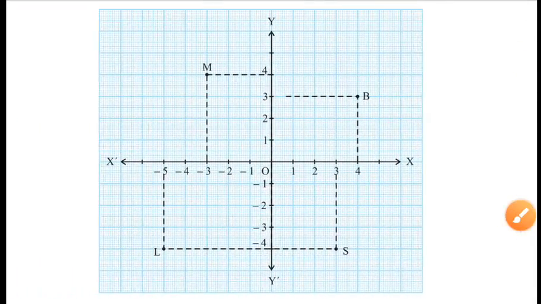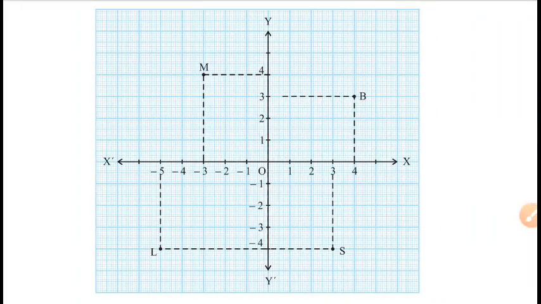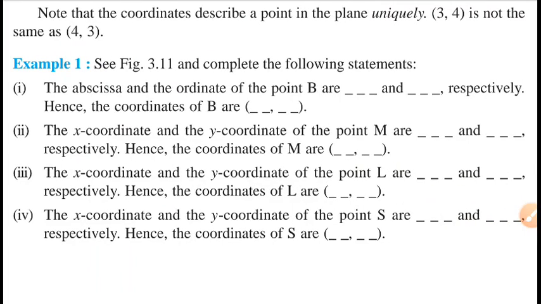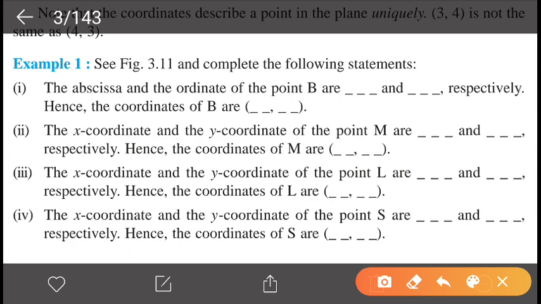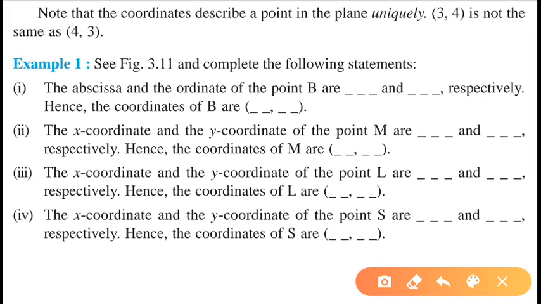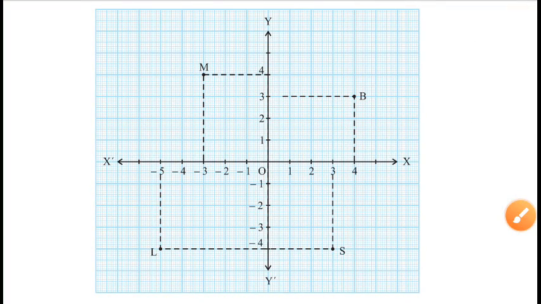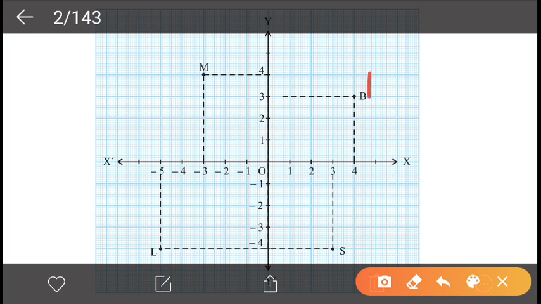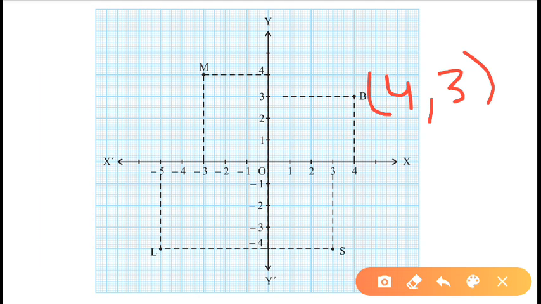We will see that it is written over here now. So we see that the coordinates of B are 4 comma 3.